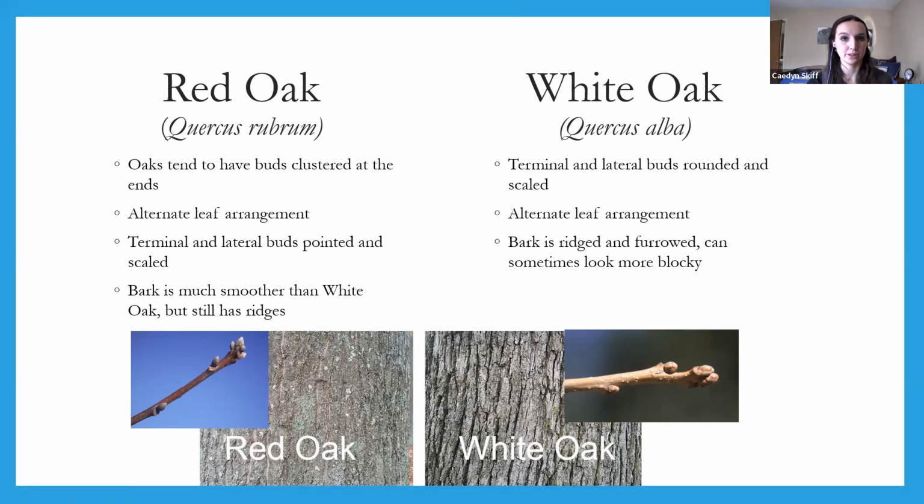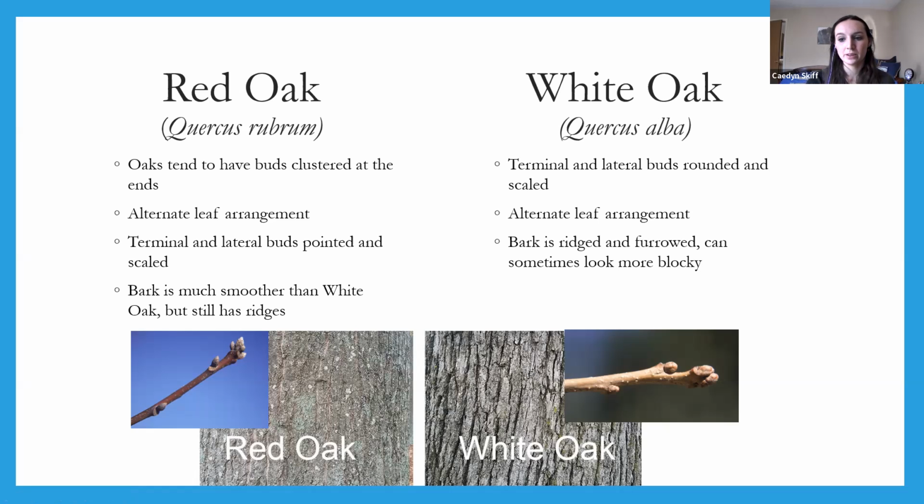Oaks have alternate leaf arrangements. So that's another thing that can clue you in, this might be an oak. On red oaks, the terminal and lateral buds are both pointed and they are scaled. So if you look closely, you can see they've got a texture to them. That's just overlapping scales going up the side of the bud.